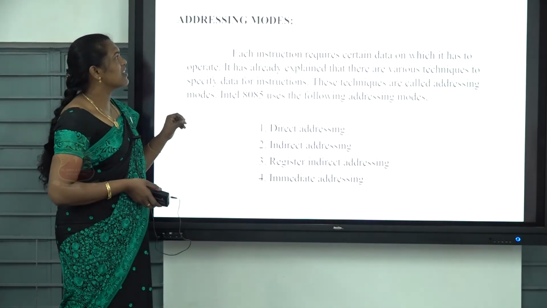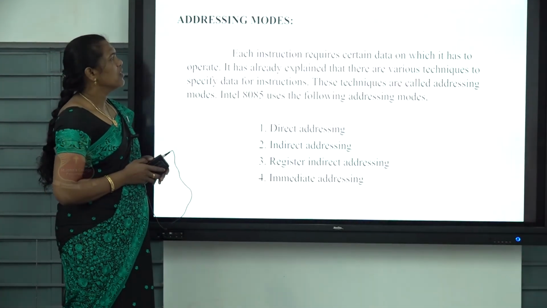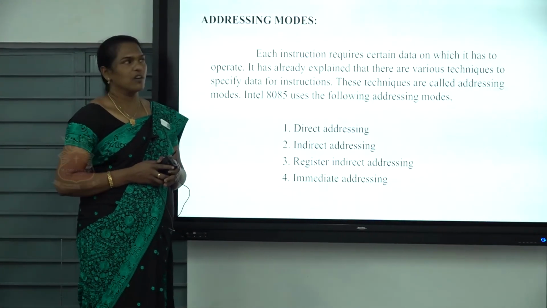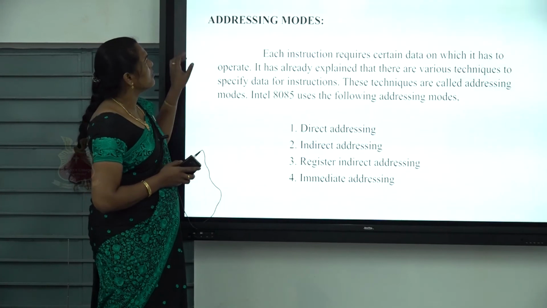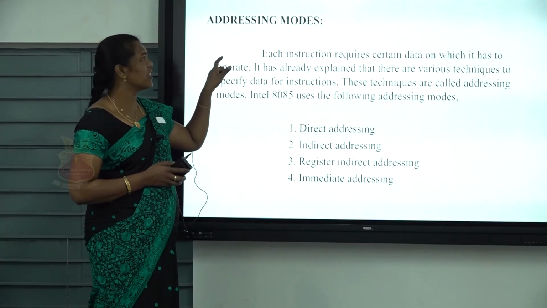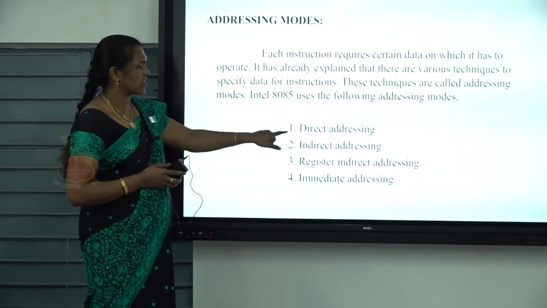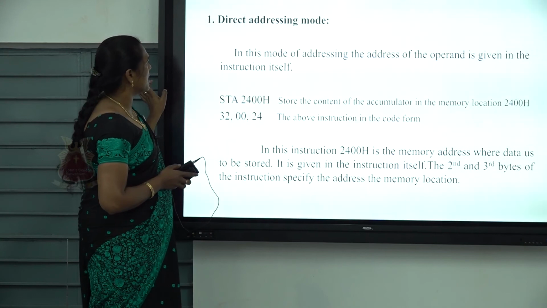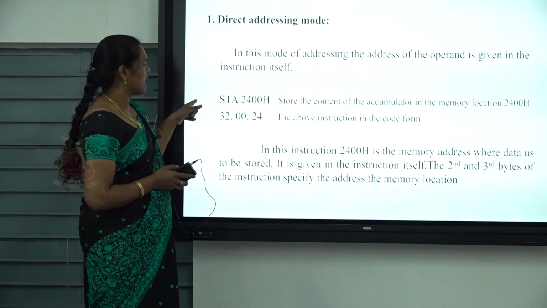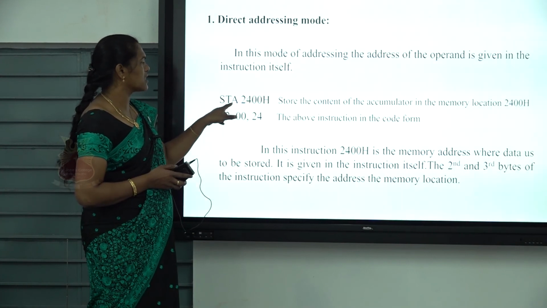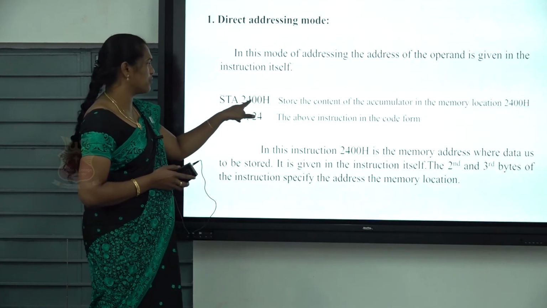Then addressing modes. So using the opcode and operand, we may classify the addressing modes: direct addressing mode, indirect addressing mode, register and immediate addressing mode. In direct addressing mode, store the accumulator result to the memory location 2400.